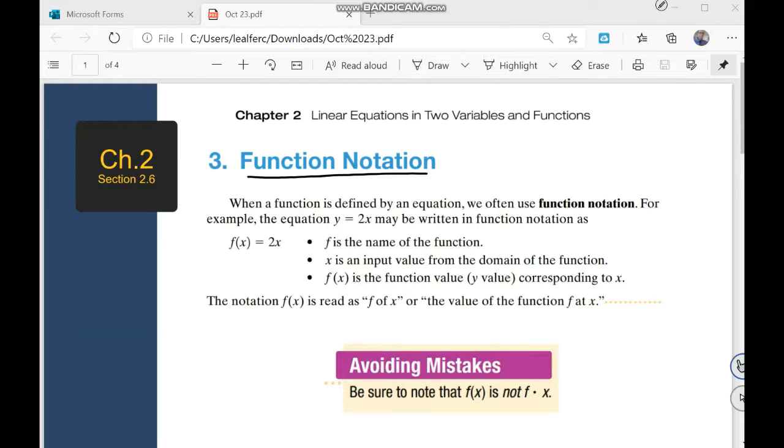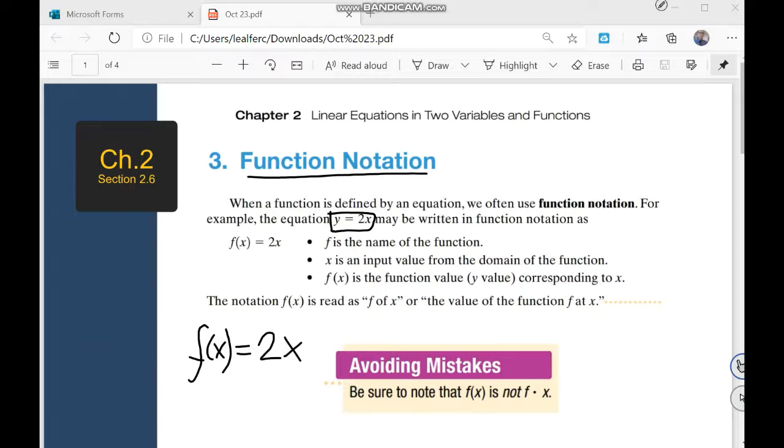For example, if we have this equation here, y equals x, the simple equation y equals x, we can write this using function notation. What we're going to do is erase y. In the place of y, we're going to use another notation, f of x, where f is the name.